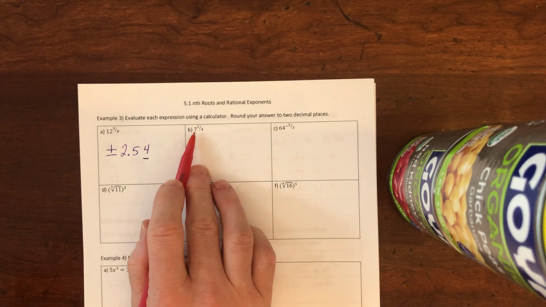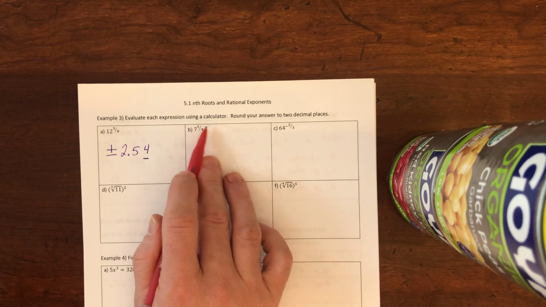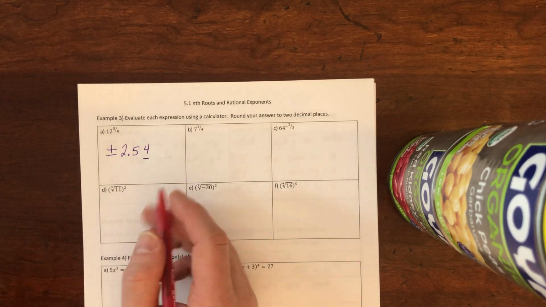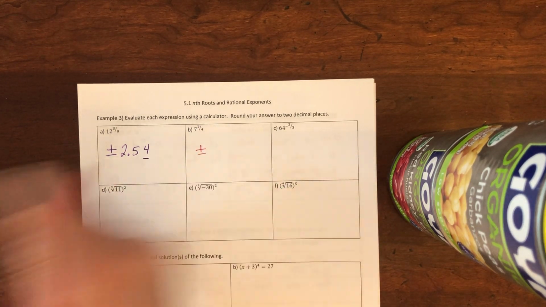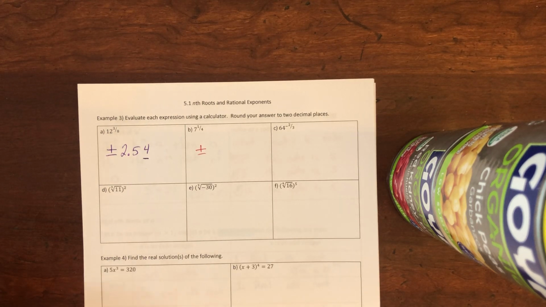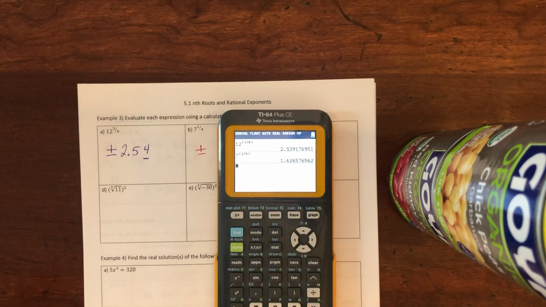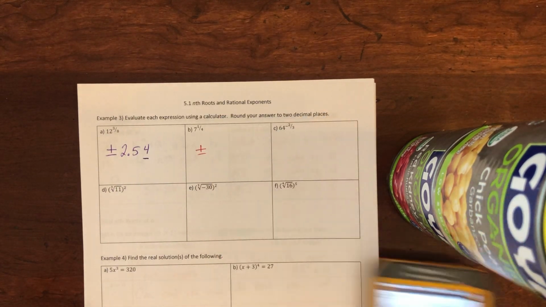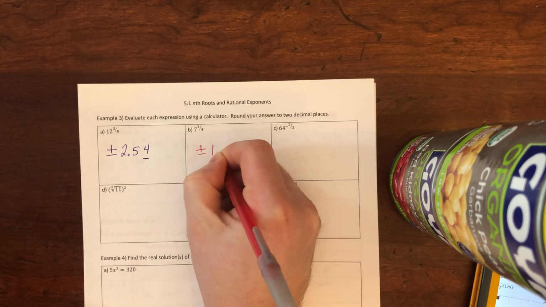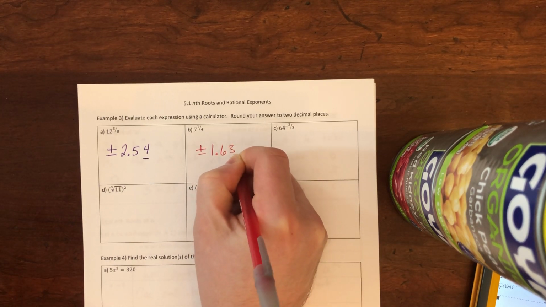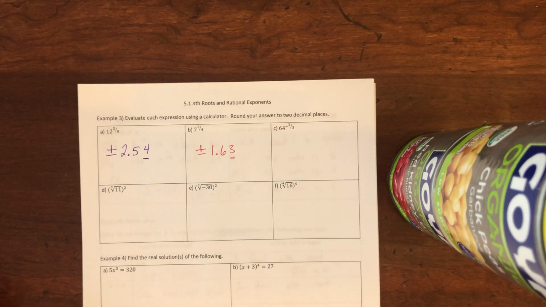We would do the same thing for the next one. It would be 7 caret, parentheses, 1 divided by 4, close parentheses, and we would get, all right, just to show you again, 1.626, which would tell us it's 1.63, and that 3 has been rounded up.